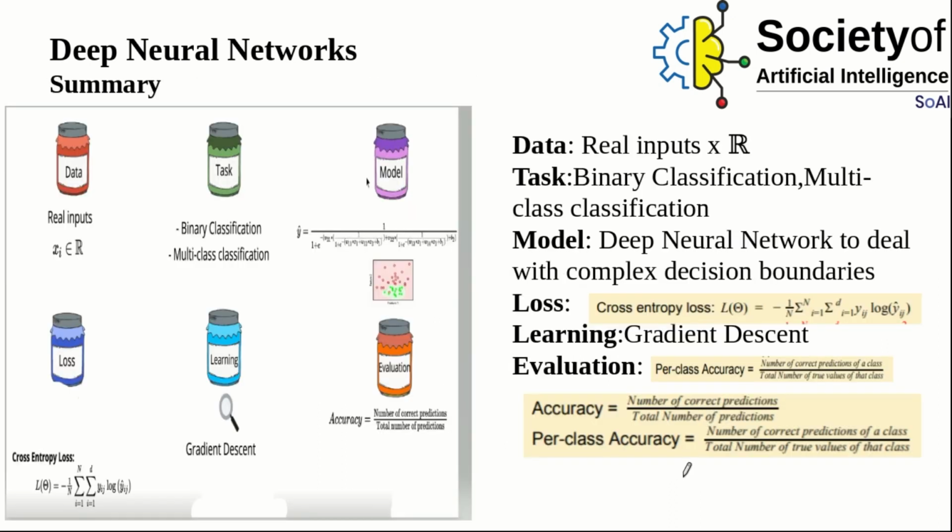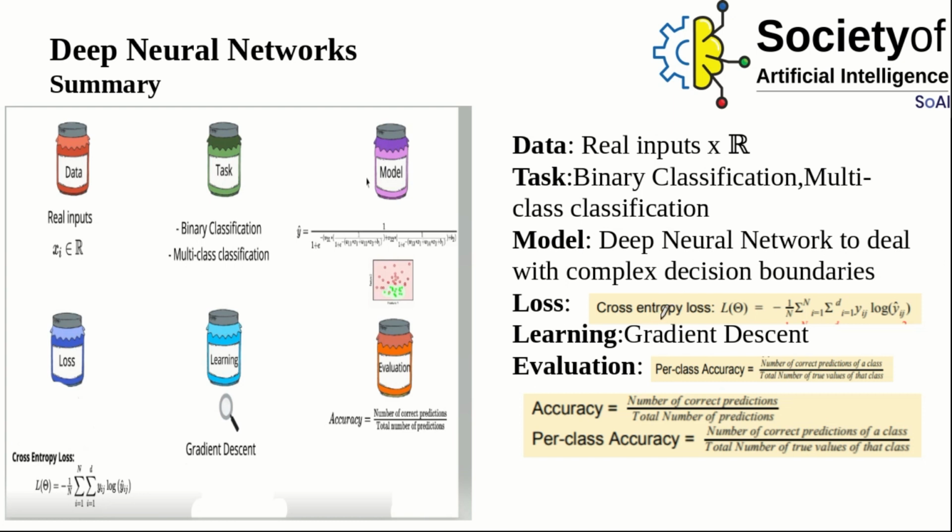So for the summary, let's once again revisit the six-part model for our DNNs, where our data were real inputs, where x belongs to R. The task was binary classification, multi-class classification, as well as regression. The model we used was a DNN in order to deal with complex decision boundaries.